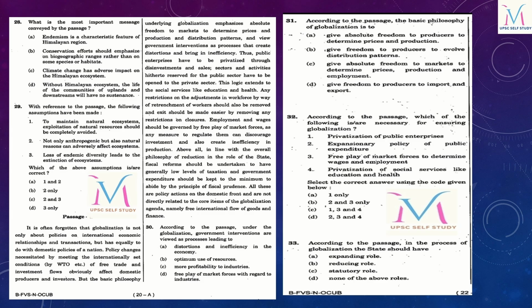According to the passage, under globalization, government interventions are viewed as a process leading to distortion or inefficiency in the economy, optimum use of resources, more profitability to industries, or free play of market forces with regard to the industries. So for question number 30, the option is B, optimum use of resources.